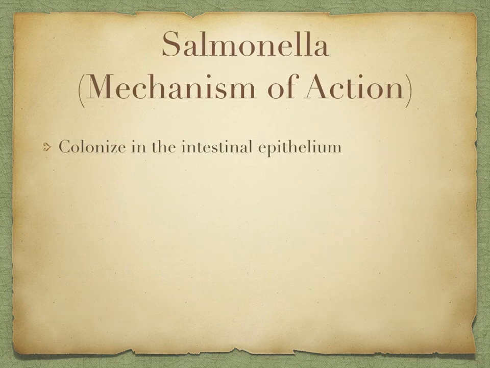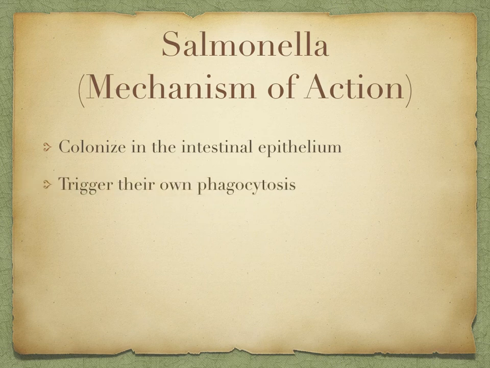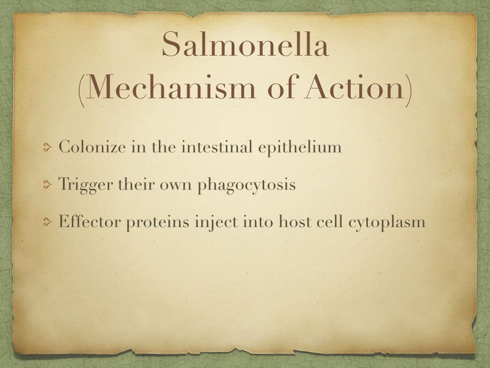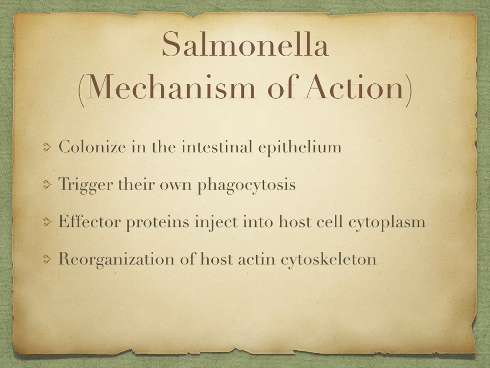Okay, moving on to the mechanism of action. They colonize the intestinal epithelium. They trigger their own phagocytosis, which is pretty interesting. They use effector proteins that are injected into the host cell's cytoplasm, right? And then there's a reorganization of the host cell's cytoskeleton.